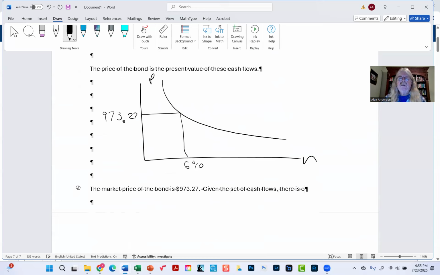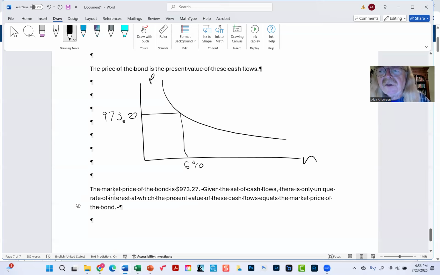Given the set of cash flows, there is only one unique rate of interest at which the present value of these cash flows equals the market price of the bond. In other words, if I try to discount those cash flows with any other rate but 6%, I'd get a different number.